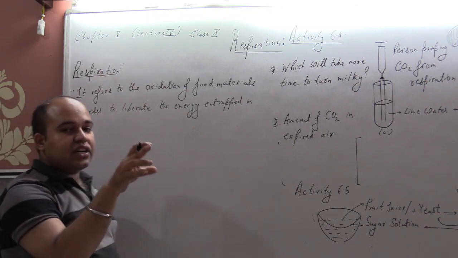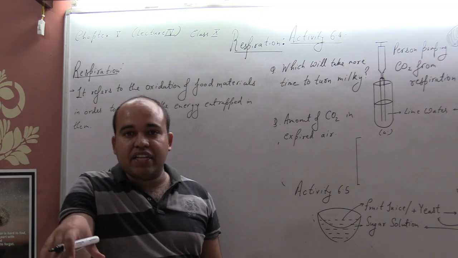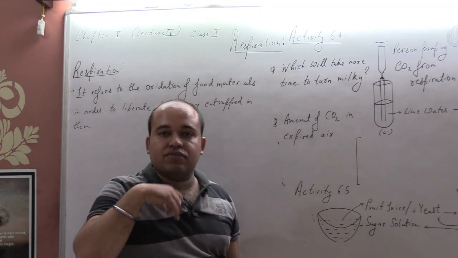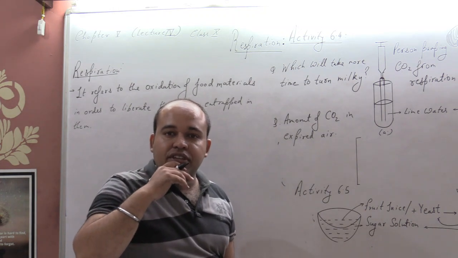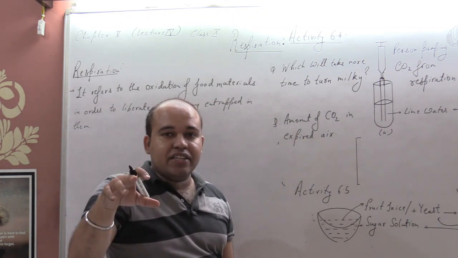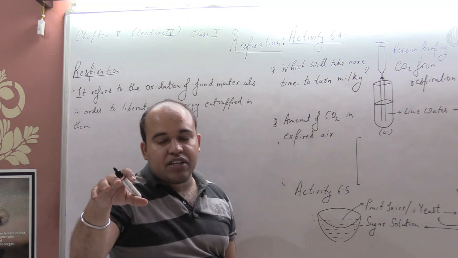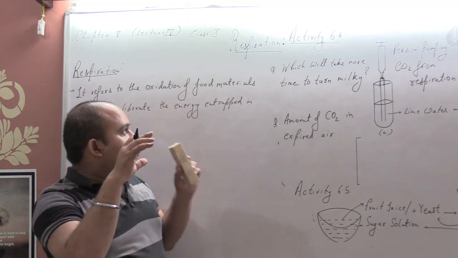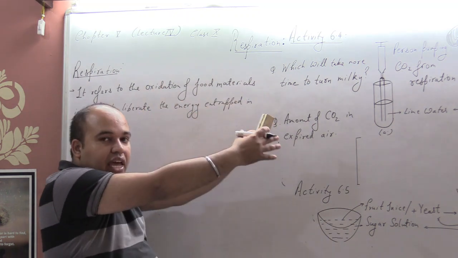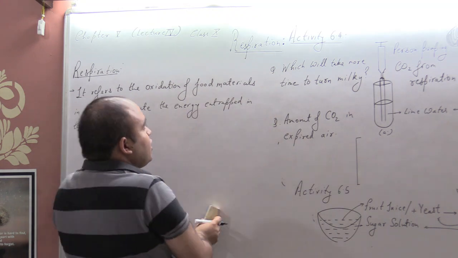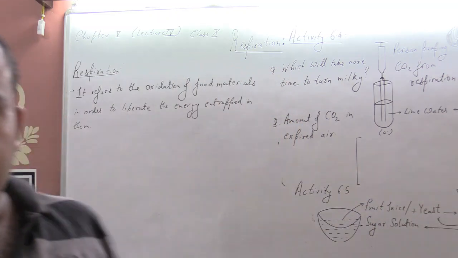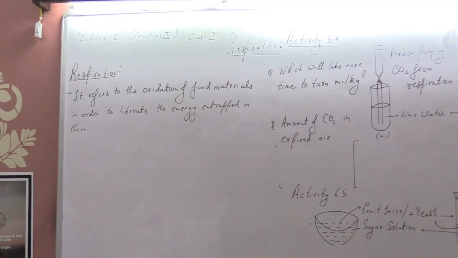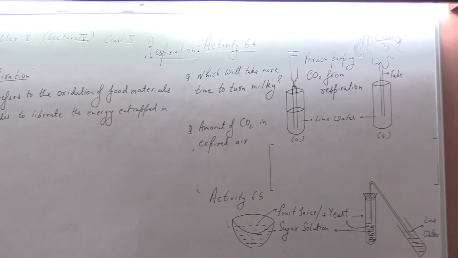Now there are certain activities which are being given in NCERT to explain the process of cellular respiration. So let us look at those activities provided by the NCERT to understand the process of cellular respiration. So you can all focus here because here are the activities. We are going to talk about the activities now. Please look here at the other side of the screen.